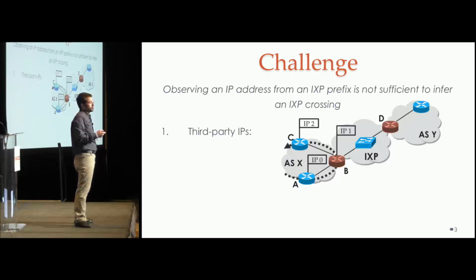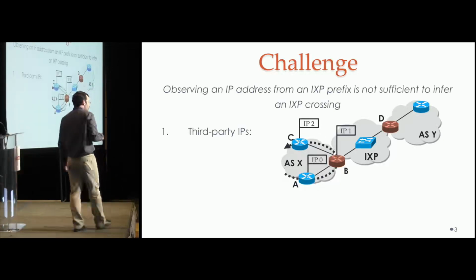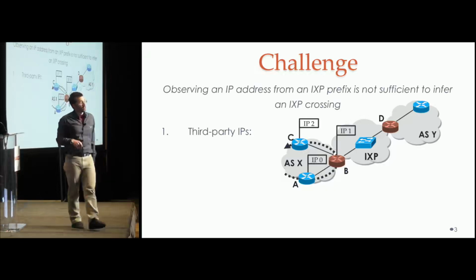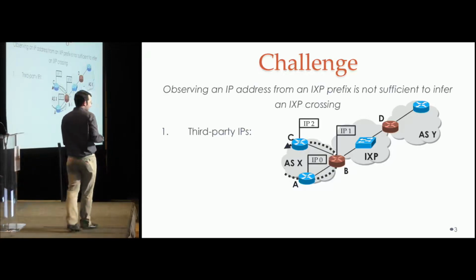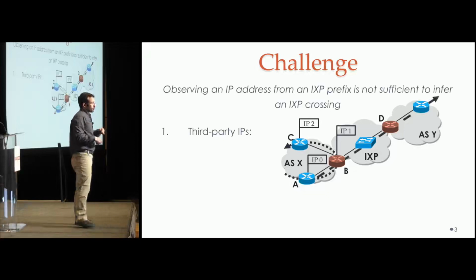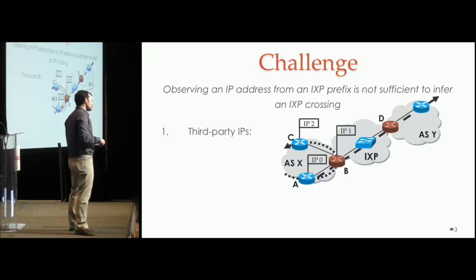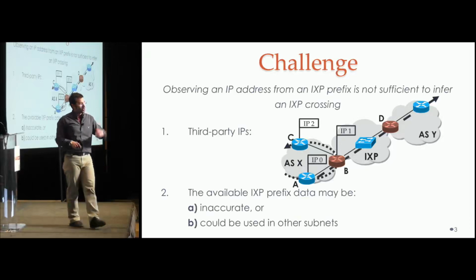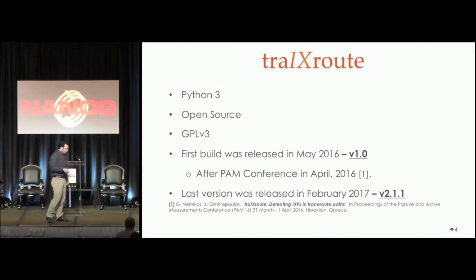Assume here an example of a layer 2 IXP topology with two IXP members at the borders, and the traceroute path, as you notice, with a dotted line that crosses the border router B. If this border router B replies with a third-party IP that belongs to the IXP subnet, then it's possible to falsely infer that we have crossed the IXP fabric, but in fact we didn't, as you can notice with a dashed line. Some other reasons might be inaccuracies in the IXP prefix data, and what about if these prefixes are used in other operational subnets?